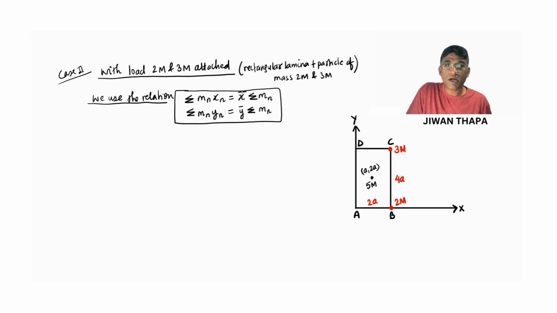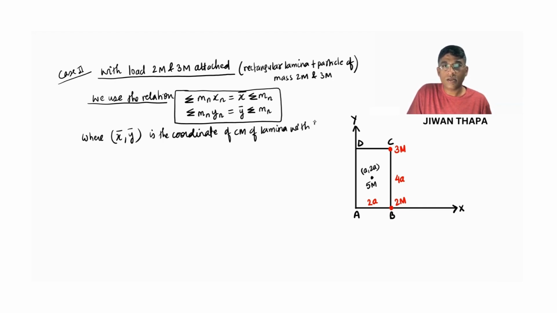So this is x bar, the coordinate of the center of mass of the lamina with loads attached.